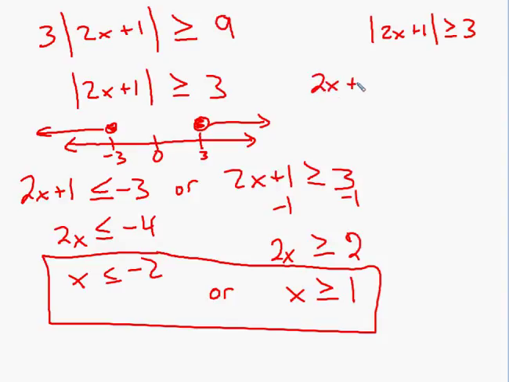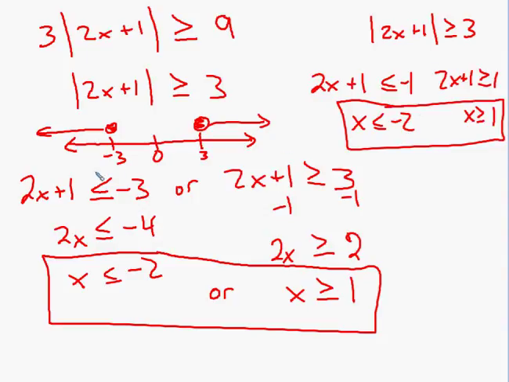So 2x plus 1, I essentially have multiplied this by a negative 1. When I do that, I switch the direction. And then when I do the other one, I don't multiply that by a negative 1. So this stays the same direction, and I end up with the same thing as I do down here.